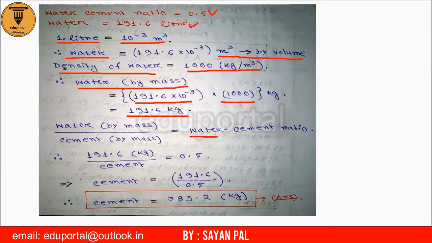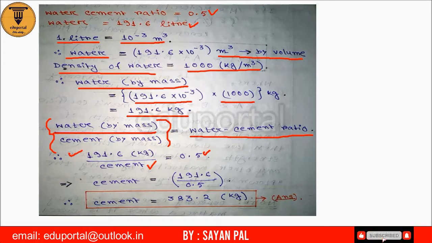Now we know the water cement ratio is the ratio of mass of water to mass of cement. So 191.6 is the mass of water and the mass of cement is unknown. The water cement ratio is given as 0.5. From this we can easily get cement equal to 191.6 by 0.5, that is 383.2 kg.